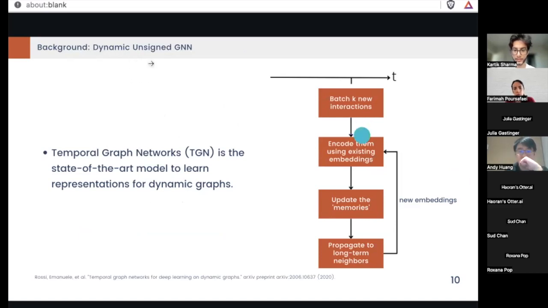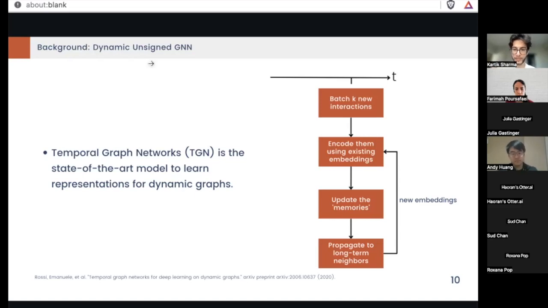They would consider them in temporal order, batch them once, and then encode these interactions using the existing embeddings, update these memories, so to say, or representations, and then propagate to long-term neighbors so that the other nodes which are not updated would also get updated, and then update these embeddings again.